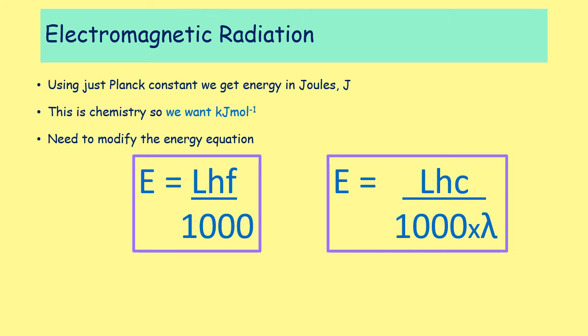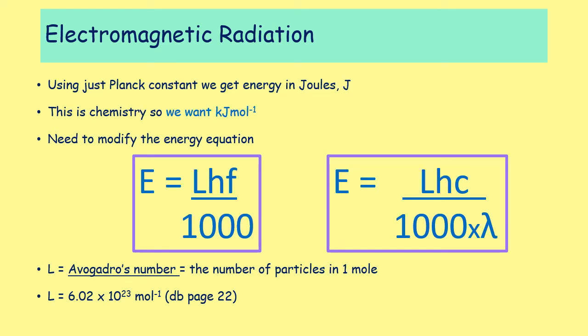We can also see that each equation contains a capital L. And that capital L is Avogadro's number, which tells us the number of molecules that make up 1 mole of a material. It is equal to 6.02 times 10 to the 23 per mole.